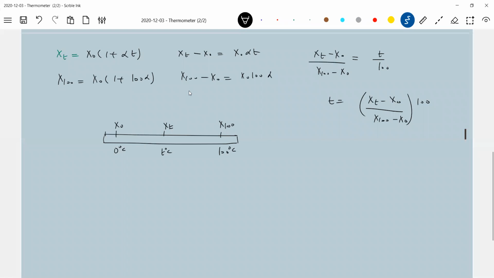It can be length. It can be volume of a liquid. It can be pressure of a gas. It can be volume of a gas. So it's not a rod. I'm just drawing a scale like that. So I think this is the generalized formula which we have just introduced here.